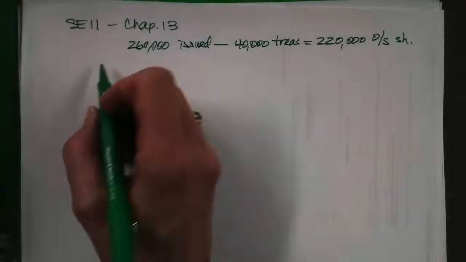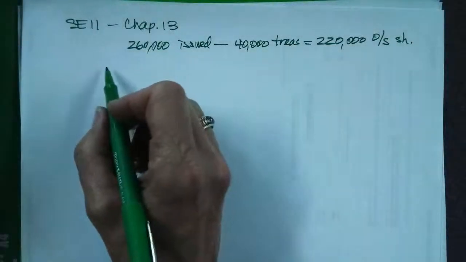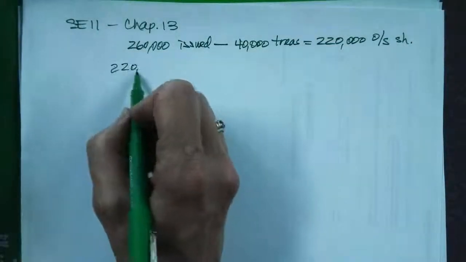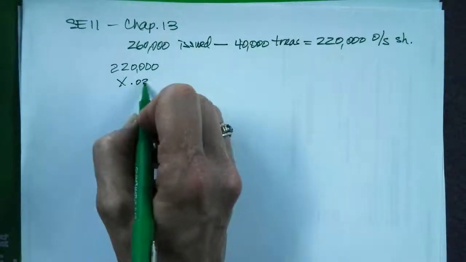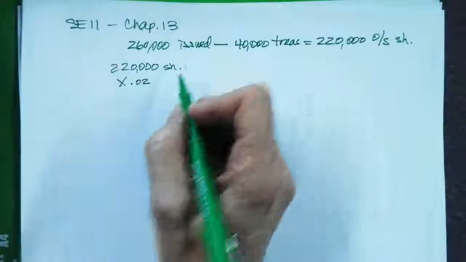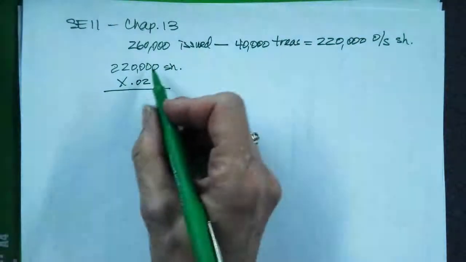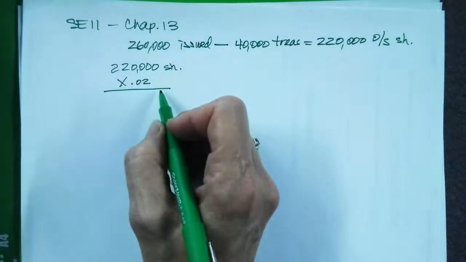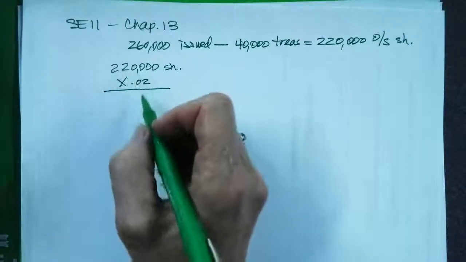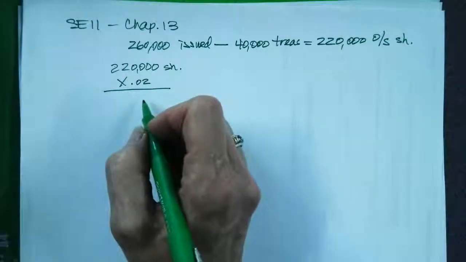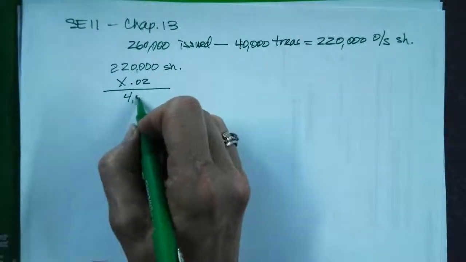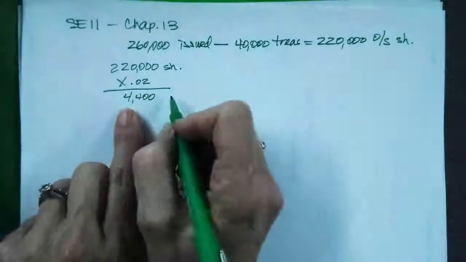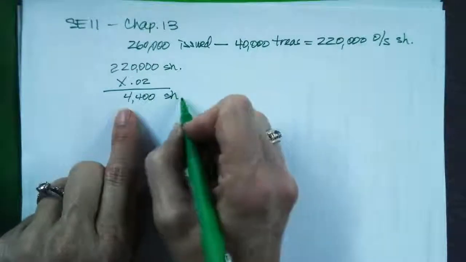Okay, so here's how I want to do it. We've got 220,000 outstanding shares, and if we're going to give a 2% stock dividend, it's based on 2% of the number of shares outstanding. So 0.02 times 220,000 is 4,400. So we are going to issue 4,400 shares.